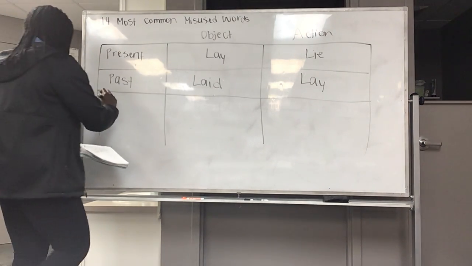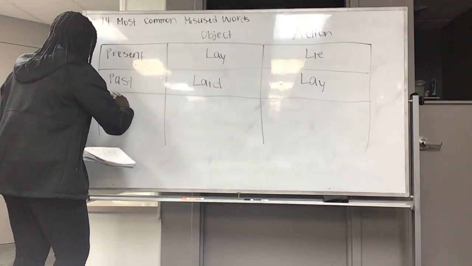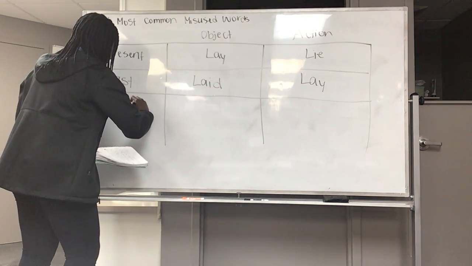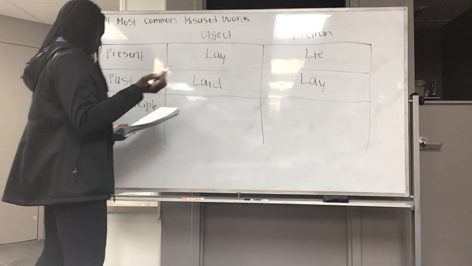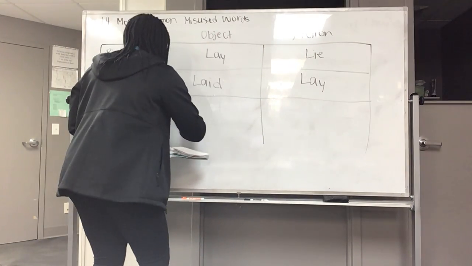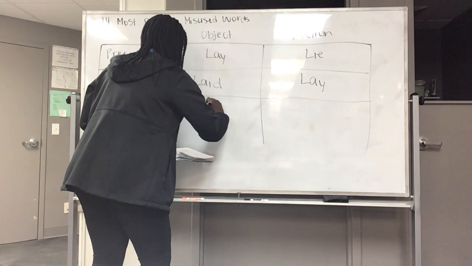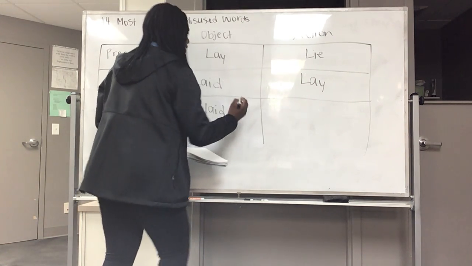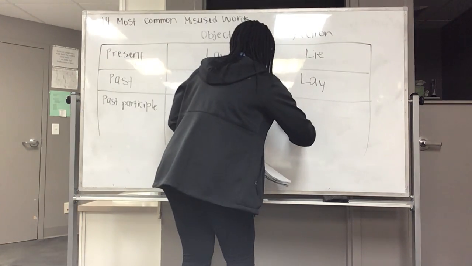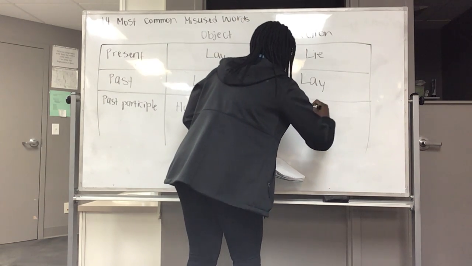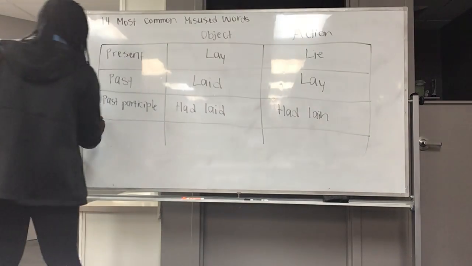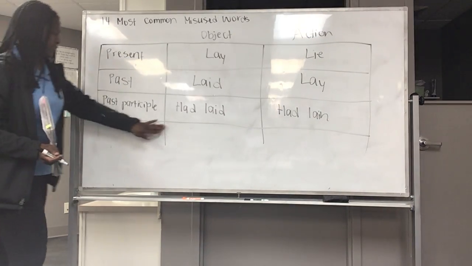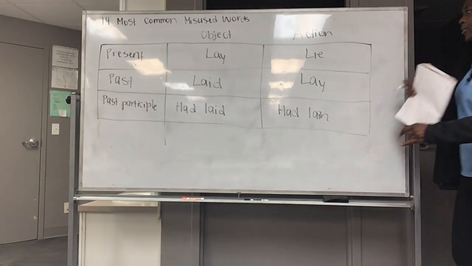And then the last part, which we don't really use as much, is the past participle, that's when we're talking about a completed action. So lay becomes had laid, and lie becomes had lain.